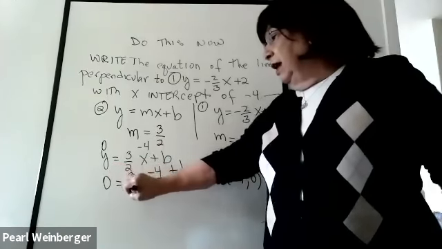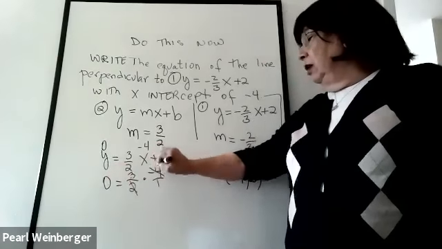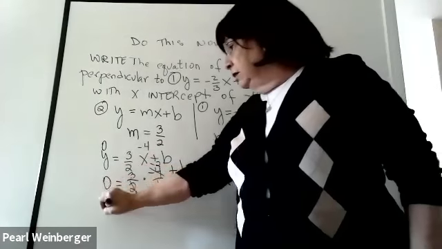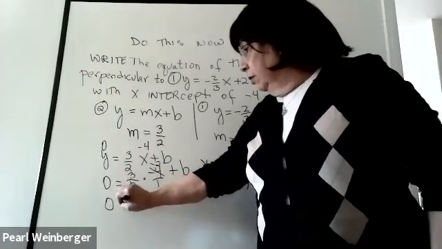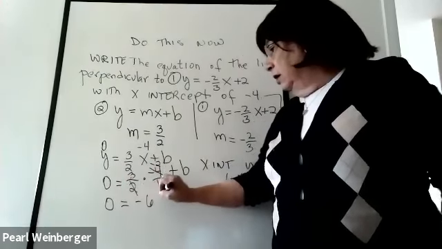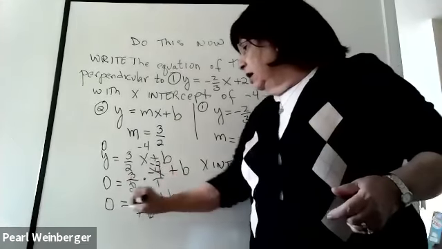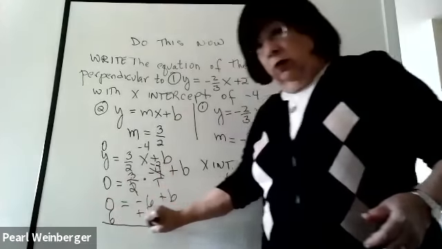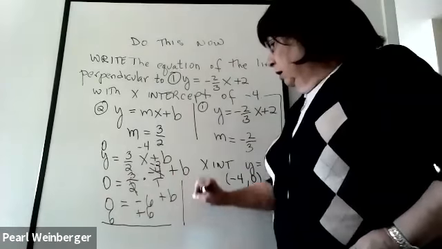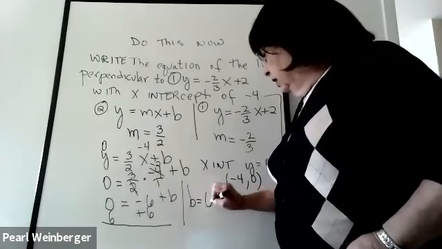But I'm going to do it without a calculator. This 2 in the bottom will cancel out into the negative 4 on the top and leave me negative 2. So this will give me 0 equals 3 times negative 2, which is negative 6 plus b. And I'll bring the 6 to the other side, which will then mean that b is equal to 6.